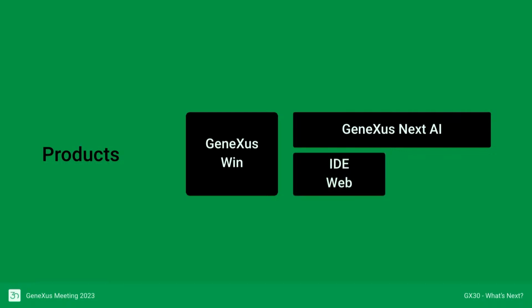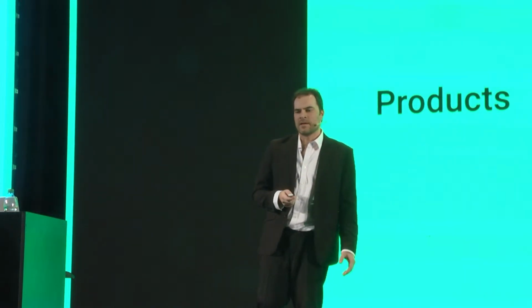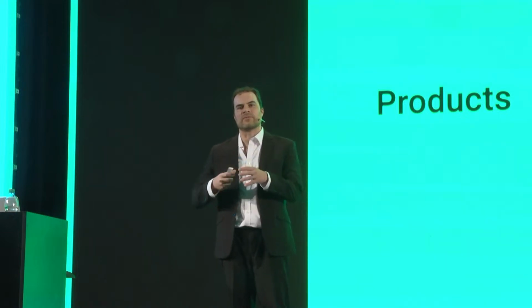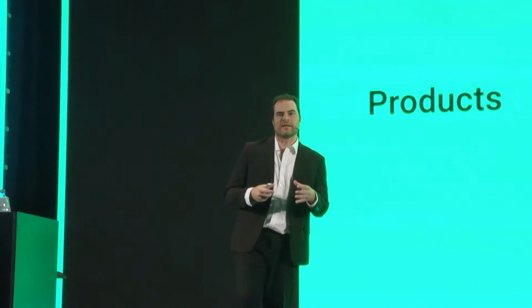At the beginning, we're going to have the first integration, as I told you. We're going to be adding the GeneXus Web to be able to move from one to the other. And then on the other hand, in the future, we are going to be able to execute it in native, that is, without any connection to your Macs.